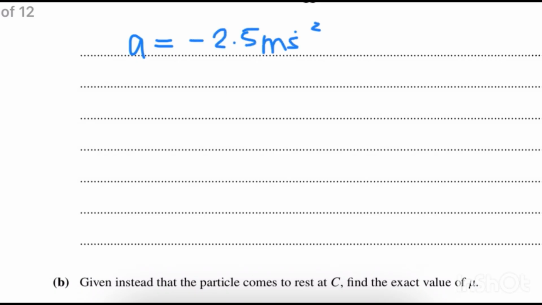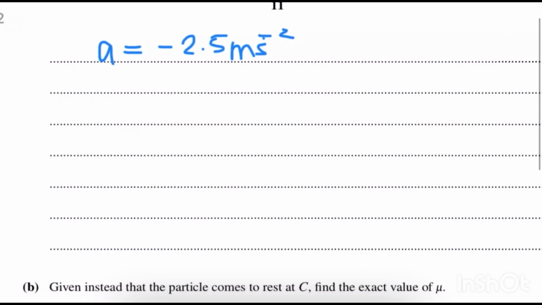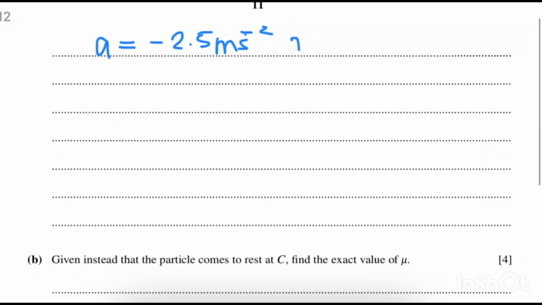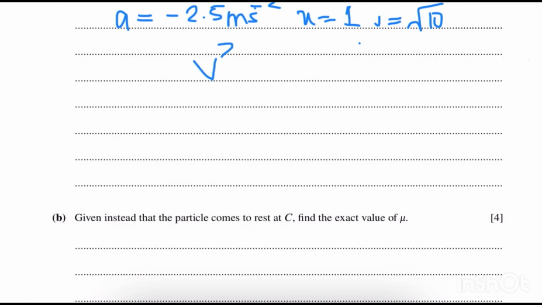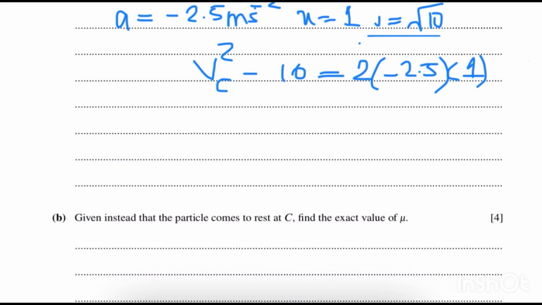Now we can use this information as well as the distance, which was 1, and the initial speed, which was root 10, to find out the final speed, which is the speed at C. So v squared minus u squared, so this will become 10, plus 2 times negative 2.5 times 1.